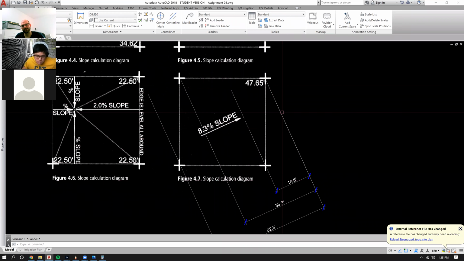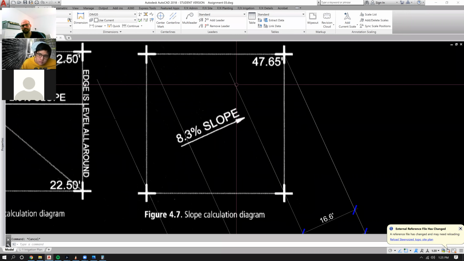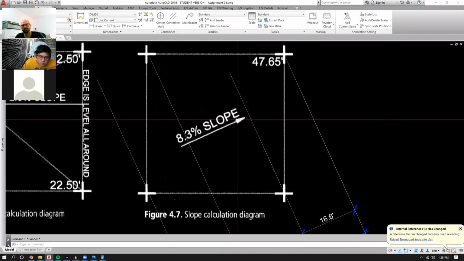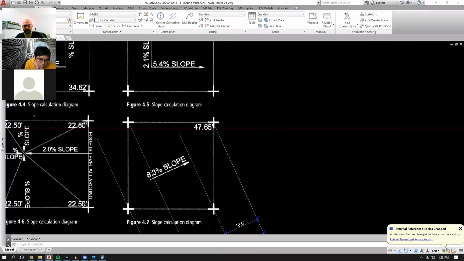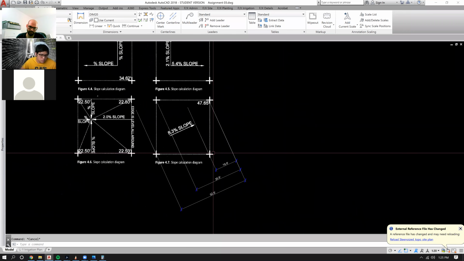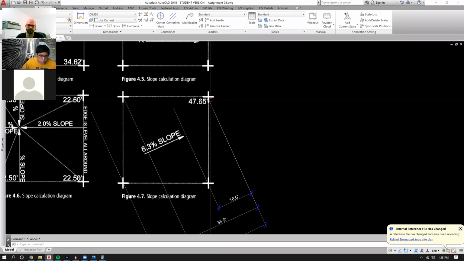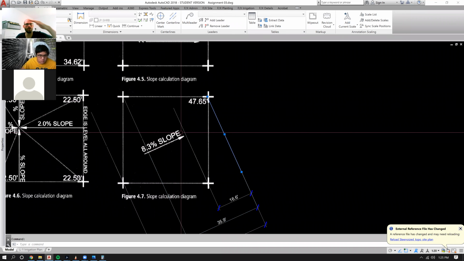Can you guys kind of understand what's being shown here? So what I'm doing is I'm going perpendicular to the slope that's shown, and I'm drawing essentially contour lines. These lines are perpendicular to the slope direction, so every point along that line is at the same elevation. If I draw that line on the point that is given to me, every point on that line is 47.65 foot elevation.